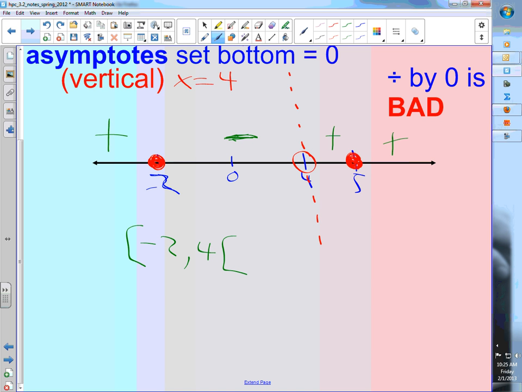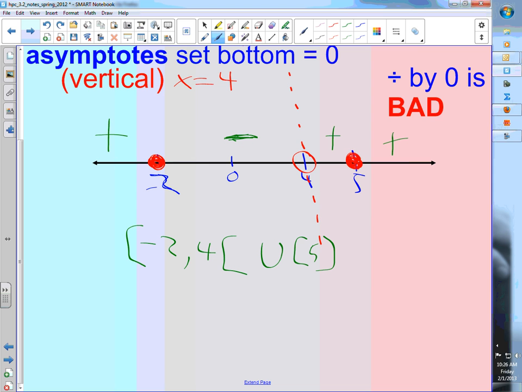What about it? Excellent observation. Since this is "or equal to" and it's filled in, we can't just ignore it because we're plus-minus testing around it. This value of 5 actually makes a true statement. So what do I put? Union of the 5. Great job.